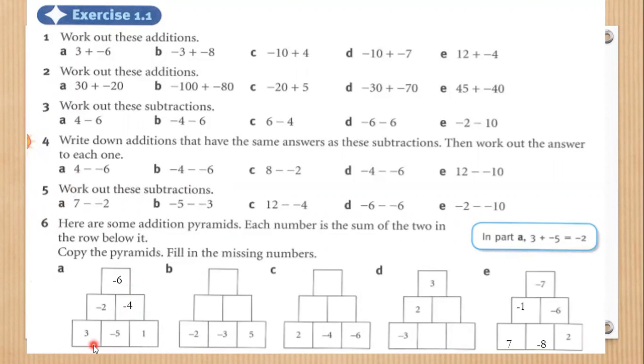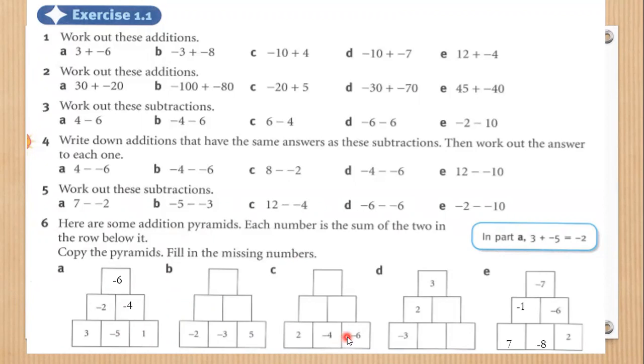As you know, 3 and minus 5, when we subtract this, we get minus 2. And the next one, here we have minus 5 and 1. He is talking about addition questions, so minus 5 plus 1 is equal to minus 4. Minus 4, 2 and minus 4, minus 6. As it is the same, we are solving these two parts as well.